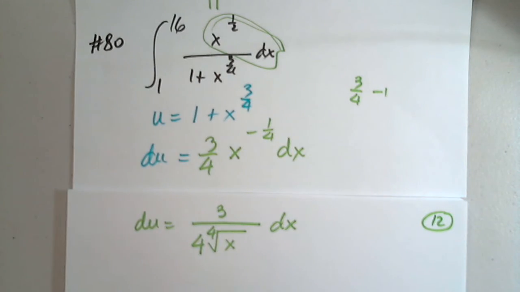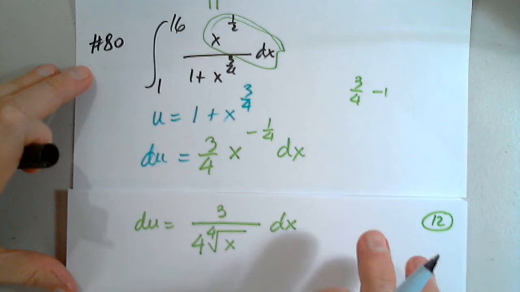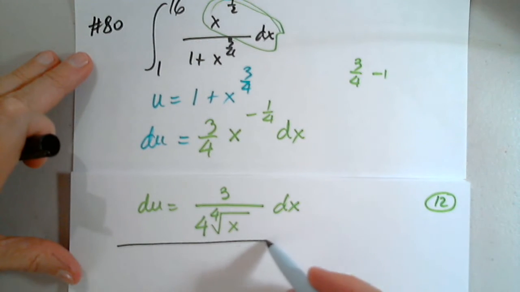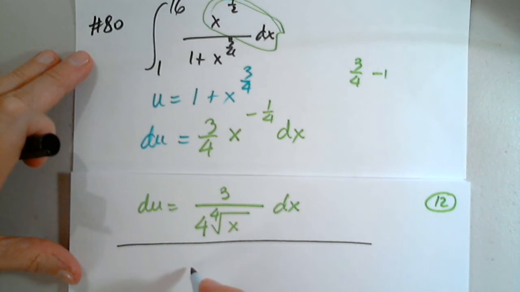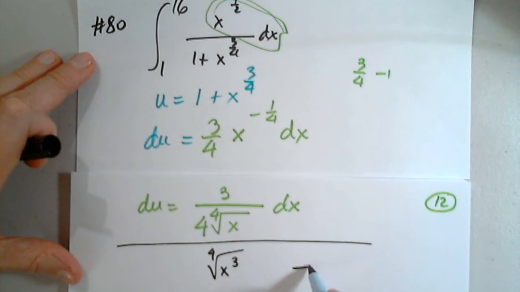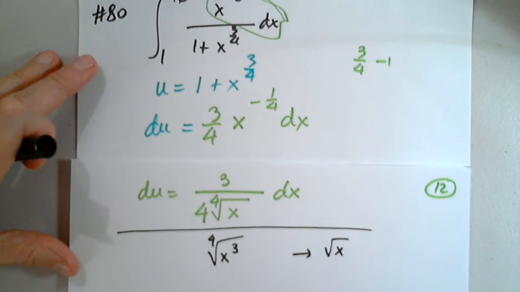So this does not seem to be the right substitution, to me anyway. So this is the 4th root of x to the 3rd. So what we really need, we need to get that to the square root of x.